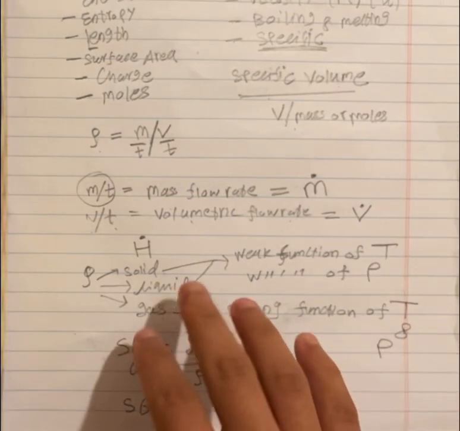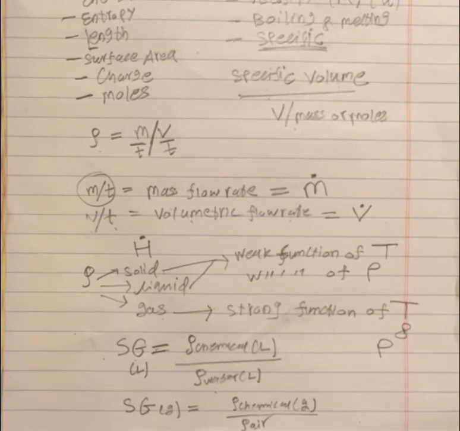You will see a lot of books that list a table of specific gravities. I have never seen a book that lists the specific gravity of a gas, and I can't be surprised, because density of gases changes, so you can't really fix them in a table. But because the liquid is constant, maybe that's why they list many tables of specific gravities for liquids.